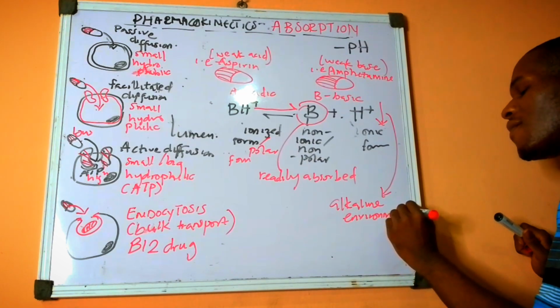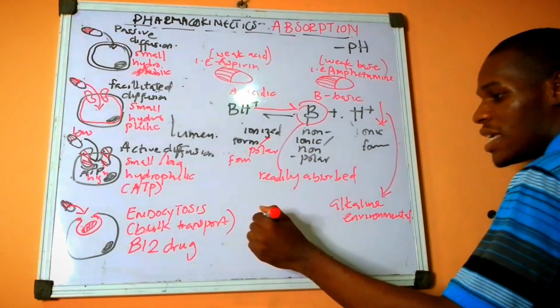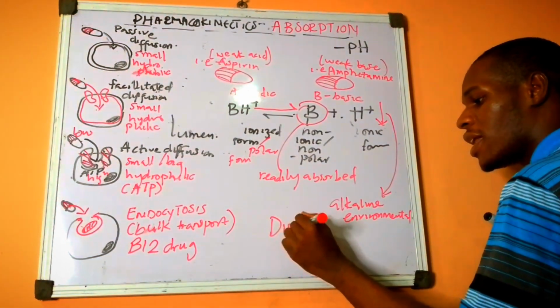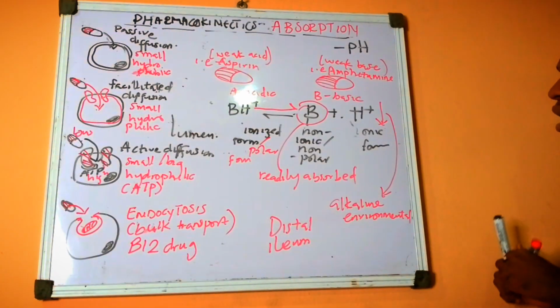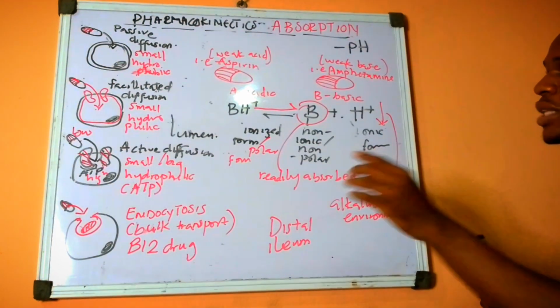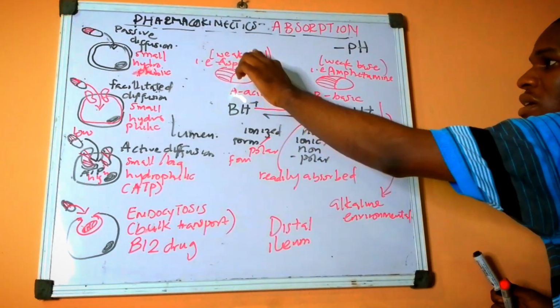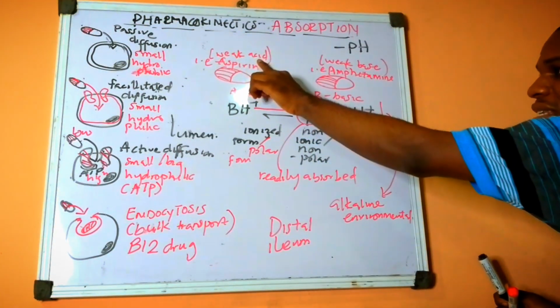And the most alkaline environment in our GIT is the distal ileum, which is alkaline.